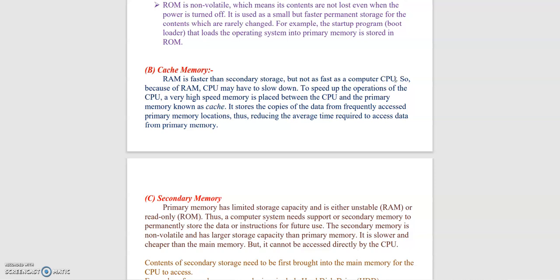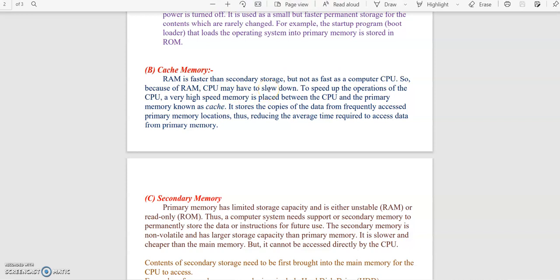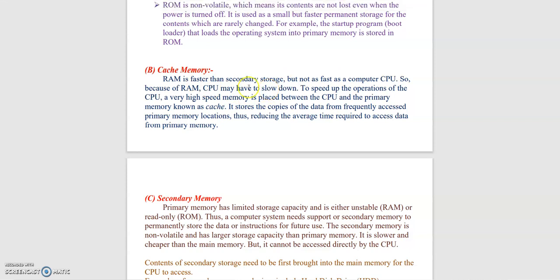Now, when the RAM is active, the CPU has to slow down. But if your CPU slows down, all your activities, your tasks, your commands, your instructions will also slow down.